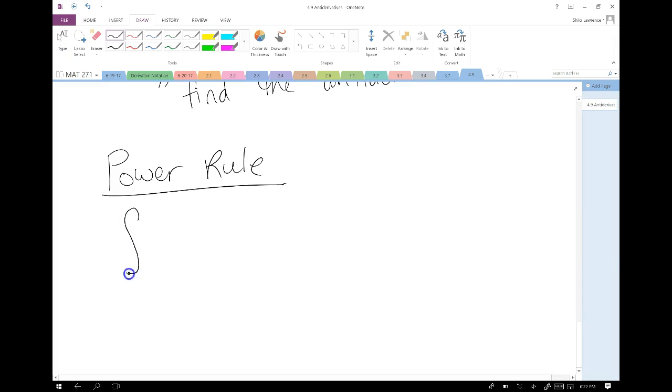So the integral of x to the n with respect to x, anytime you're asked to find the antiderivative of x to some power, and n can be anything except for -1. We're going to have a separate rule if n is -1, and I'll show you what happens if n is -1.